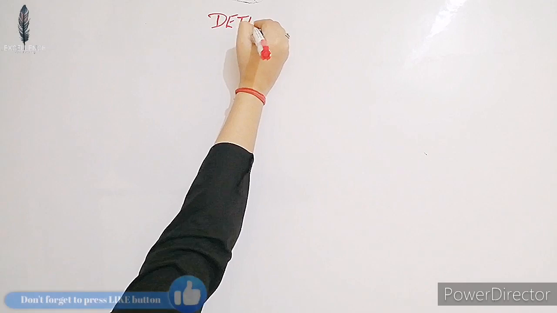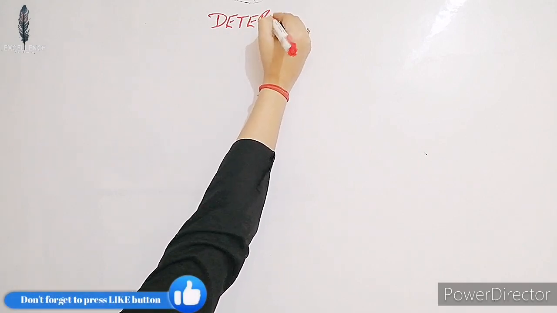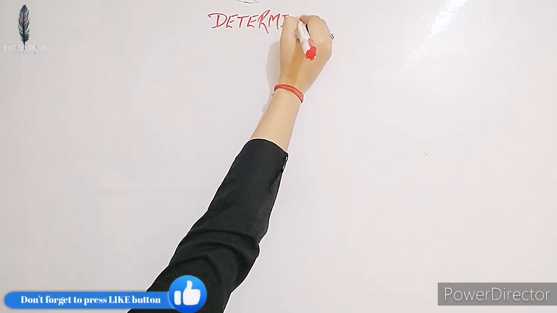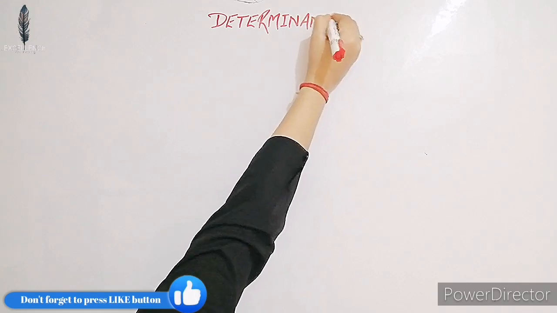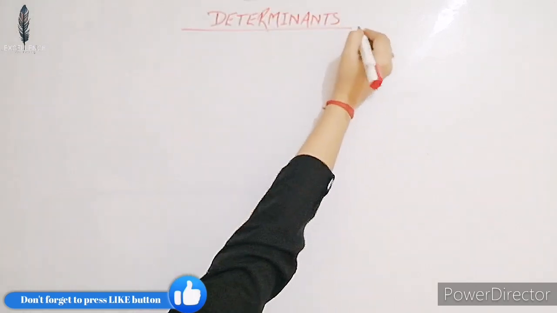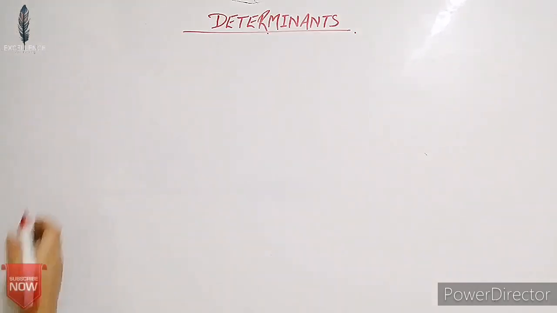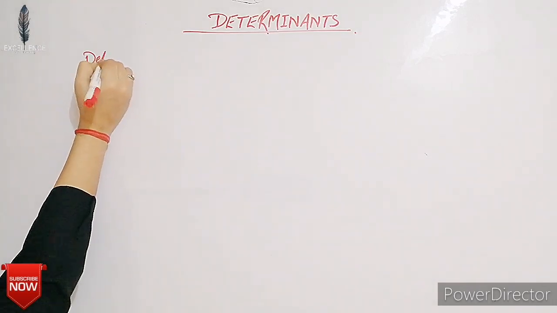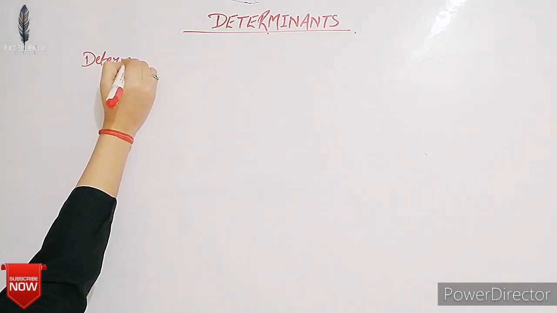Today we start chapter 4, that is determinants. First, let's discuss what a determinant is.